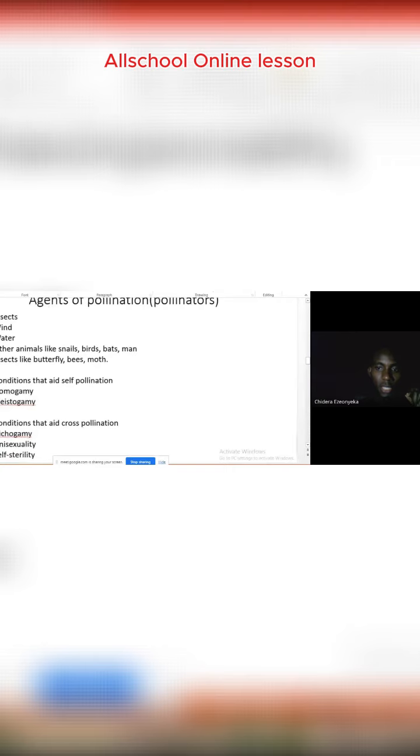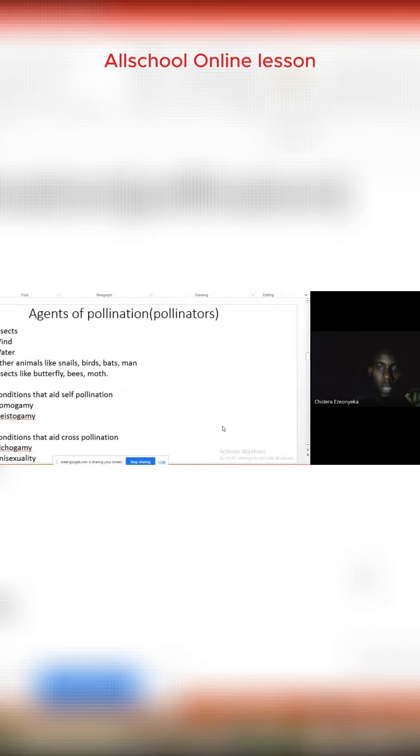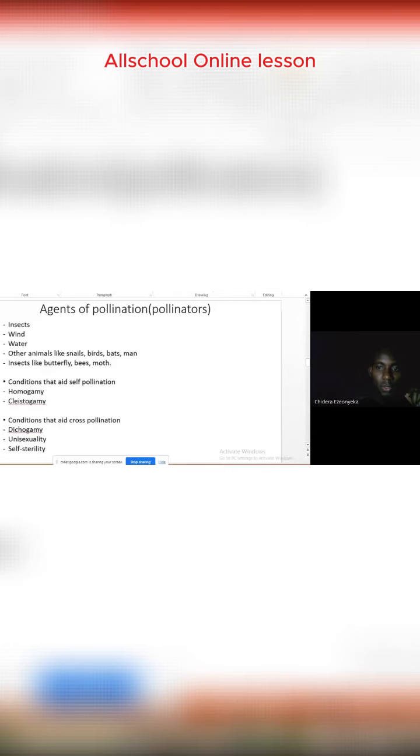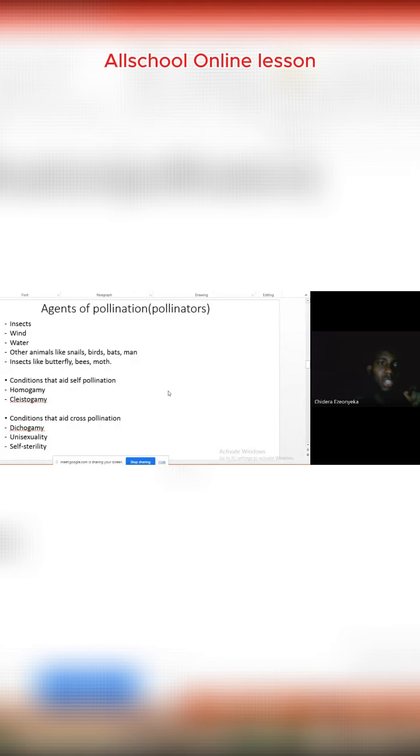When we are talking about agents of pollination, we are literally talking about pollinators. So agents of pollination are those organisms or means by which these pollen grains are transferred from the anther to the stigma of either the same flower or different flowers.